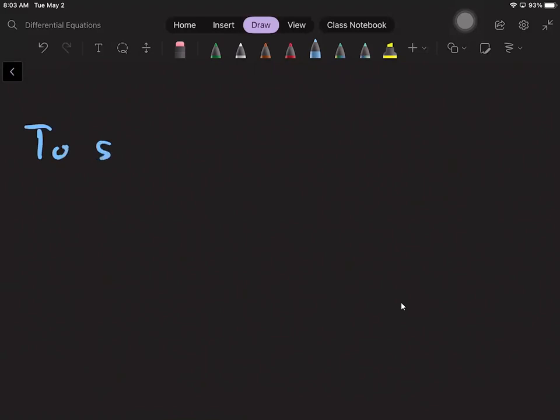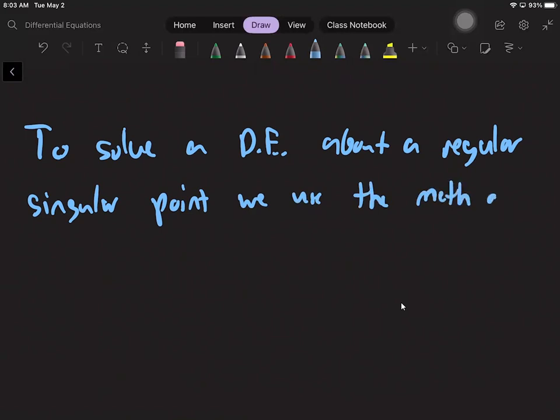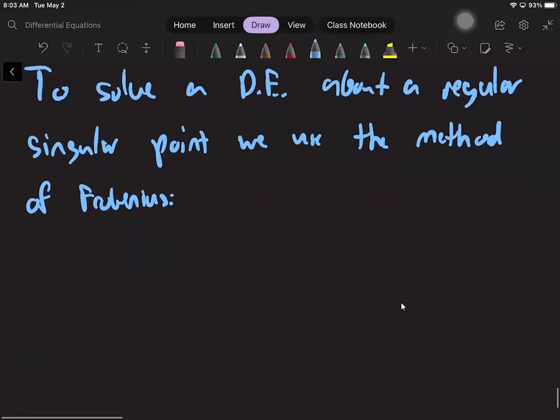To solve a differential equation about a regular singular point, we use something called the method of Frobenius. It's going to be a little bit unsatisfying. As usual, you plug something in and it just works without too much figuring out why, but that's okay.